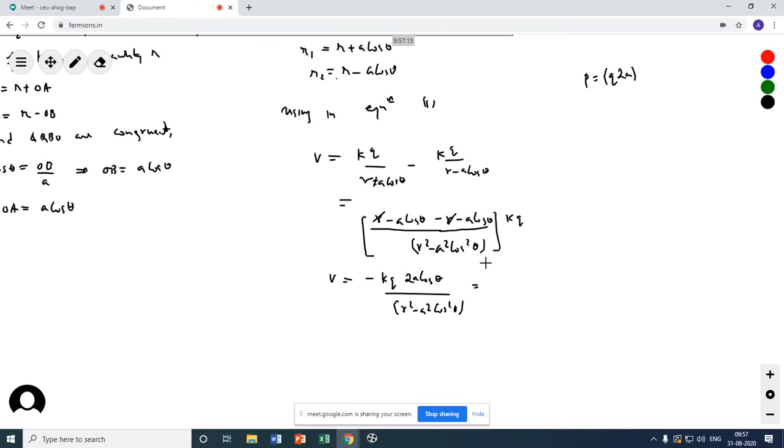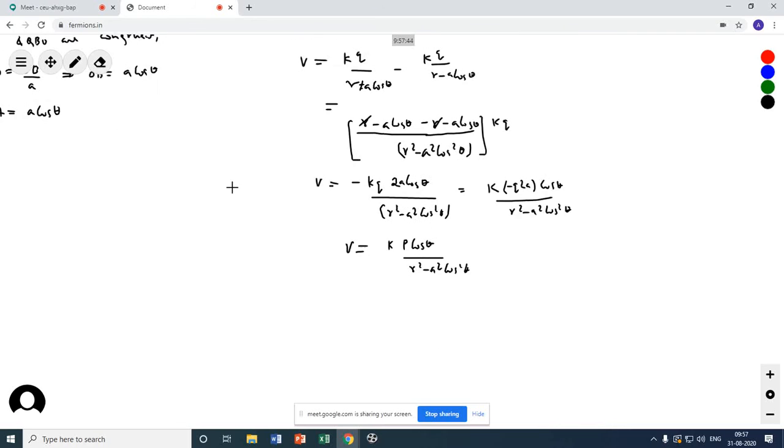Because I can always write dipole moment. Dipole moment definition is the product of either of the charge into the separation between the dipole. So then what can I write? K times minus Q 2A cos theta divided by R square minus A square cos square theta. So V gives me now K P cos theta by R square minus A square cos square theta.